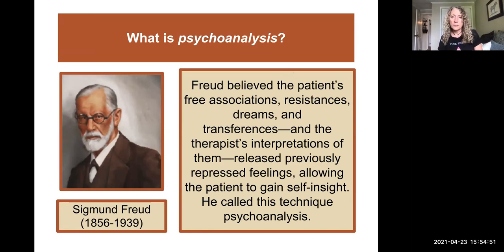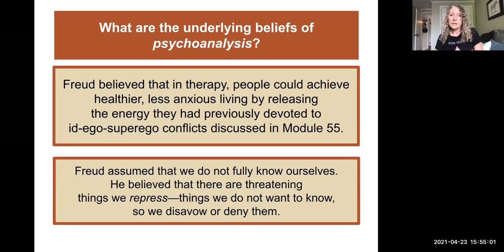His therapeutic method was to bring insight and bring out those underlying conflicts. He believed that you could achieve a healthier, less anxious living by releasing the energy. So he might focus on things like the conflict between the id, ego, and superego, and how you are repressing certain feelings, maybe experiences from your childhood.